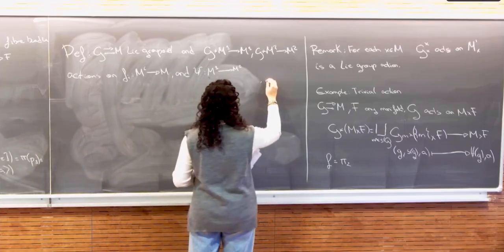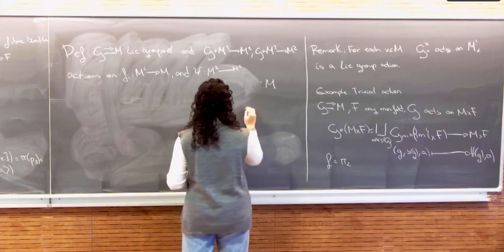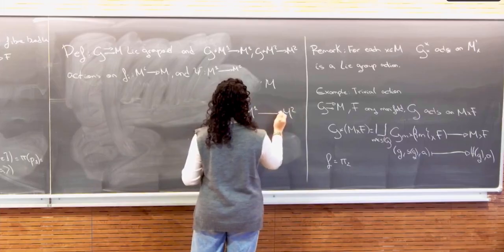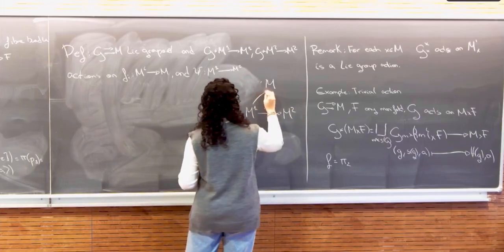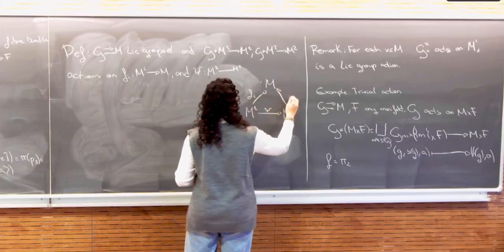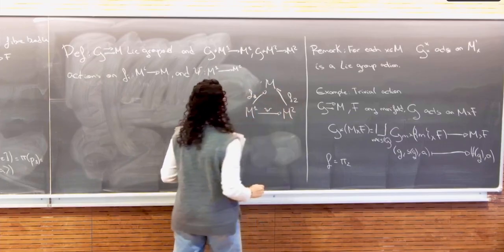So if we have the base manifold of the groupoid and the two different manifolds, here we have this map and the F1 and F2.